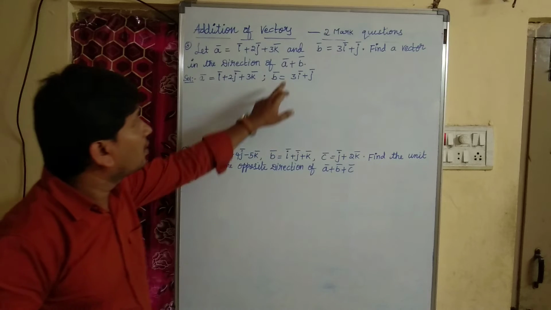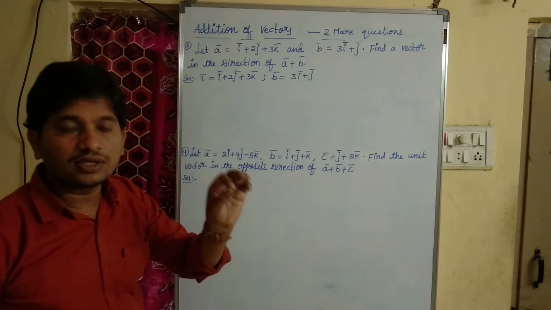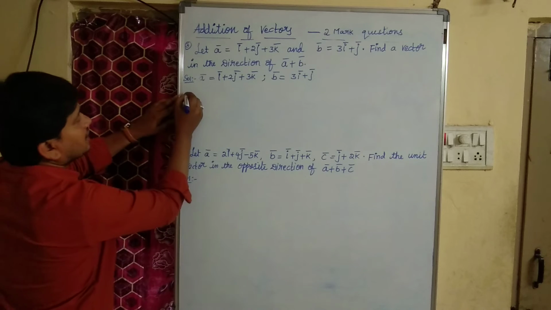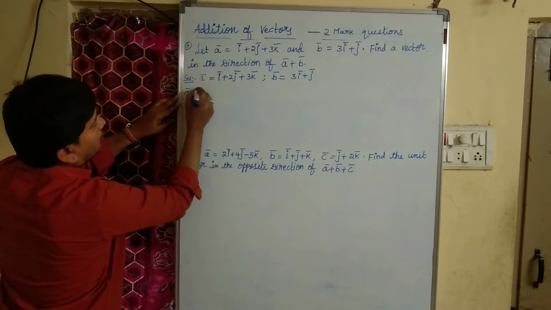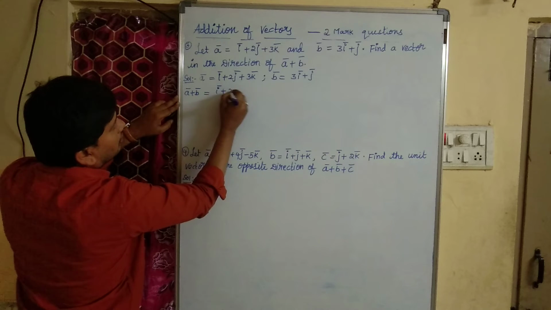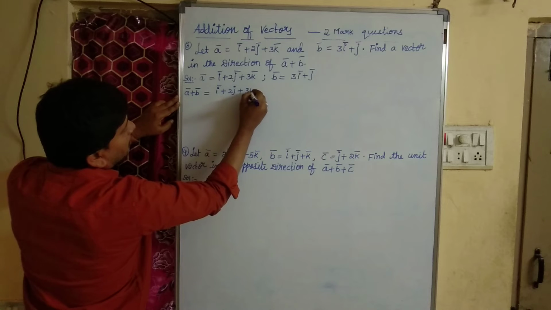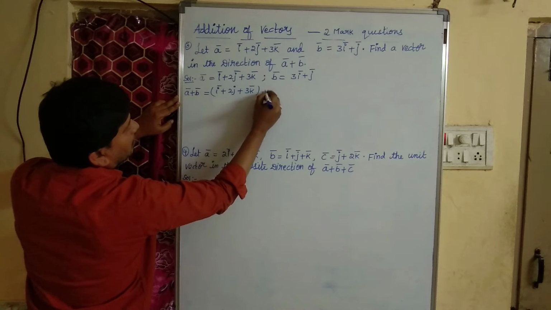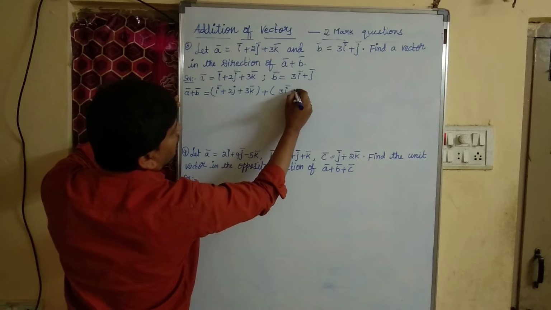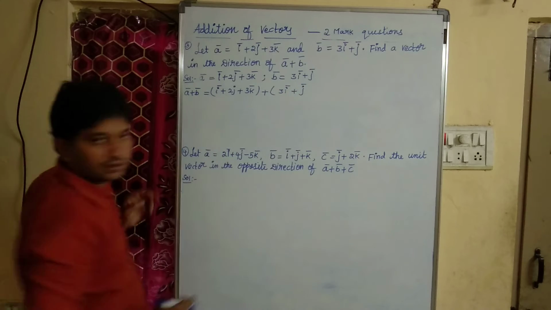A bar plus B bar means we need to add vector A and vector B. So let us add A bar plus B bar: i bar plus 2j bar plus 3k bar plus 3i bar plus j bar. Right?